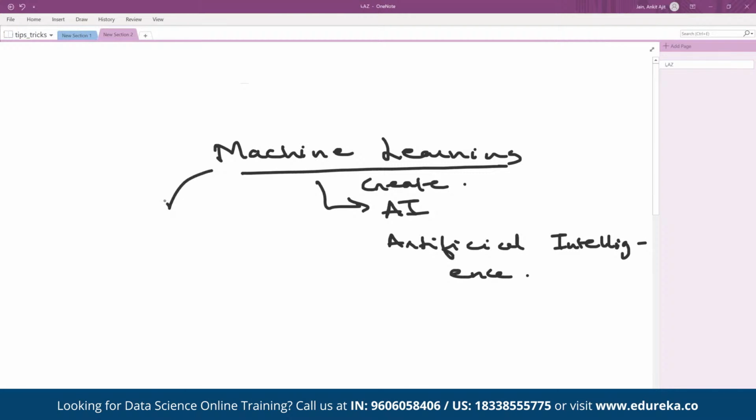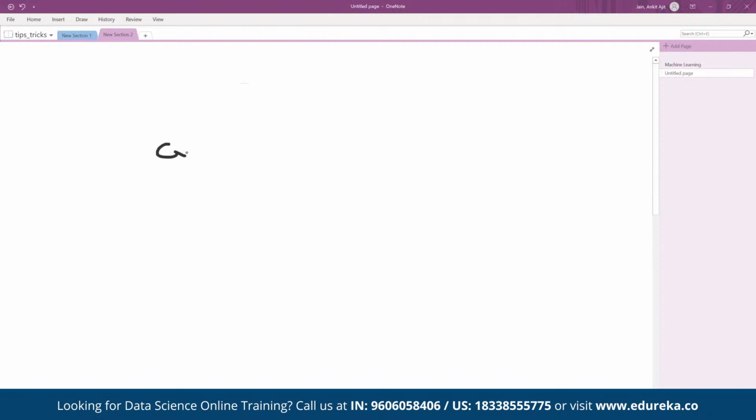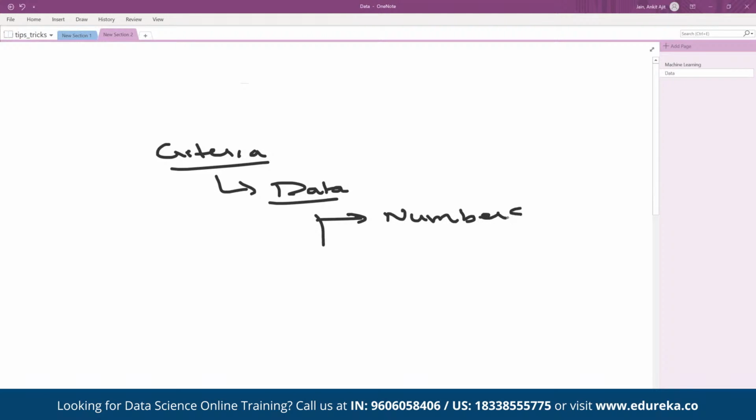Okay. Now, how do we create artificial intelligence using machine learning? What is the main criteria for that? So, the main criteria for creating machine learning is data. Now, this data may be in the form of numbers, in the form of images, in the form of text.